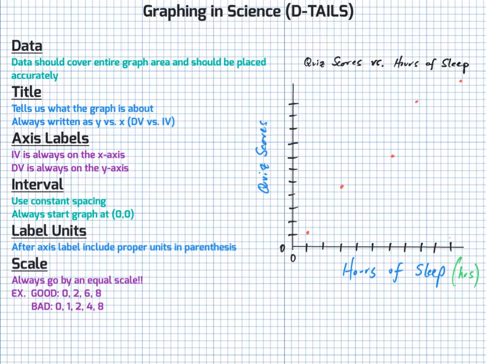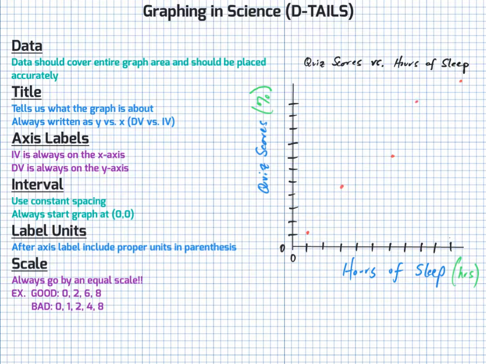And for quiz scores, we would probably put percentage. The reason we do that is that in physics, we can gain a lot of insight as to what this data is actually telling us from our units. So it's just good practice to put those unit labels there.